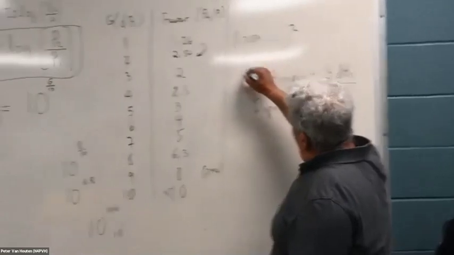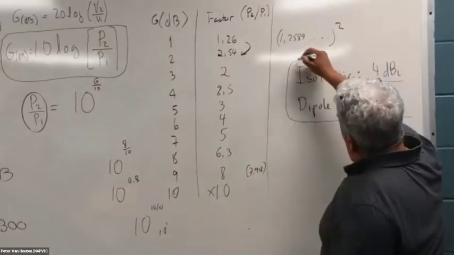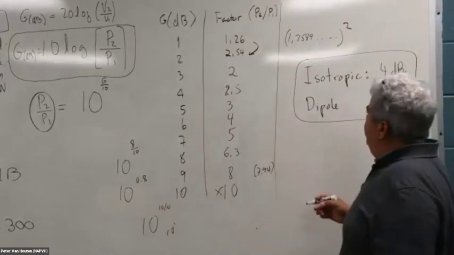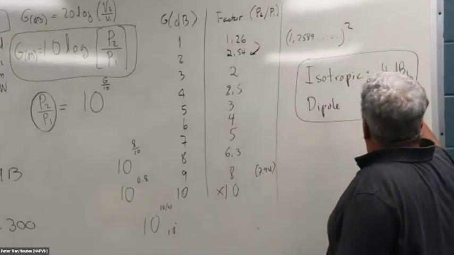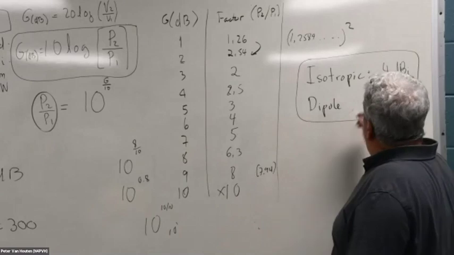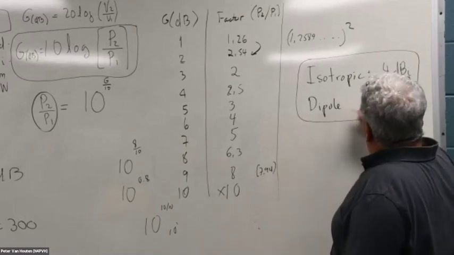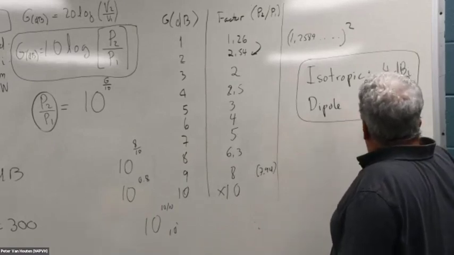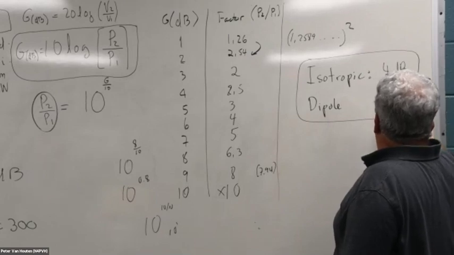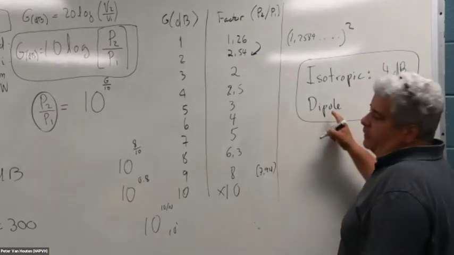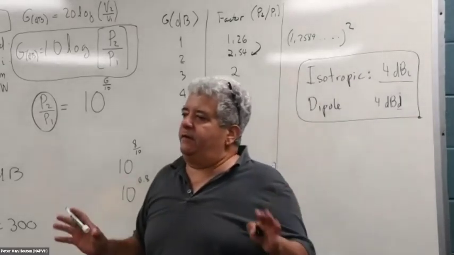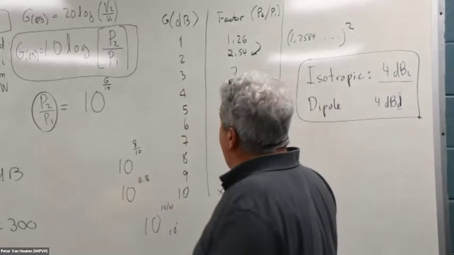It's very important when somebody's telling you about the gain of an antenna or an amplifier or anything, what are they talking about? Is it dBi or is it dBd? If they say, for example, 4 dBd, it means decibels referred to a dipole antenna, which is something standard that everybody knows what the gain is.